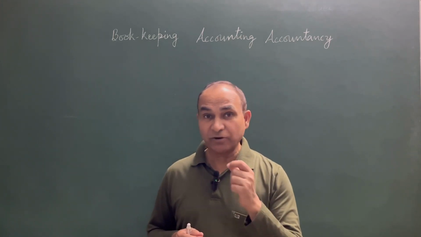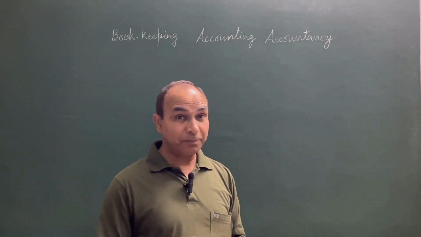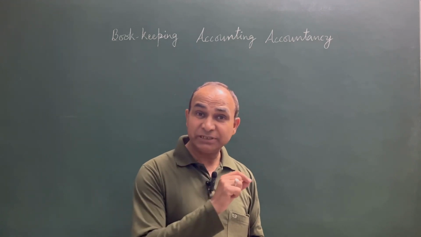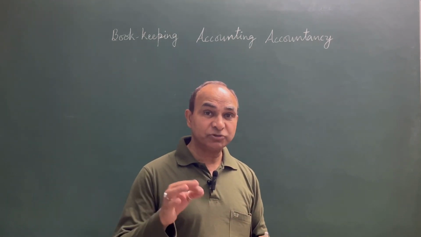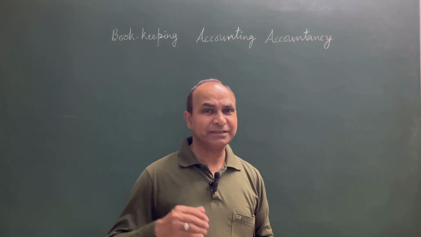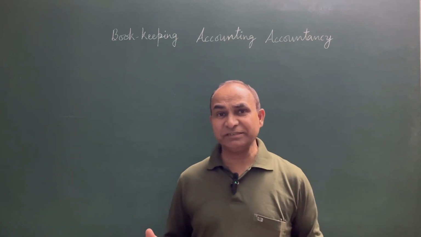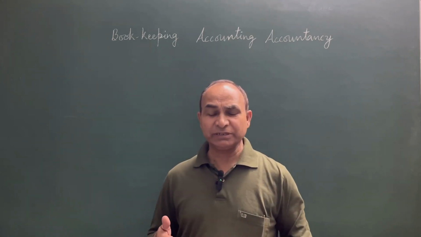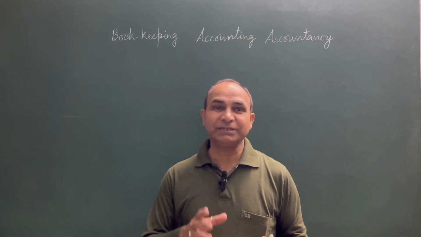Firstly, we record the transaction into journal, proper journal and some subsidiary books, and from there these transactions are posted into ledger. Thereafter we prepare the trial balance, then financial statements, then their interpretation. These all steps are the part of accounting itself.